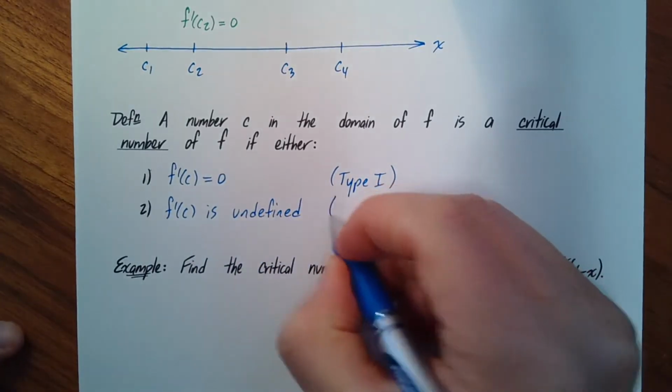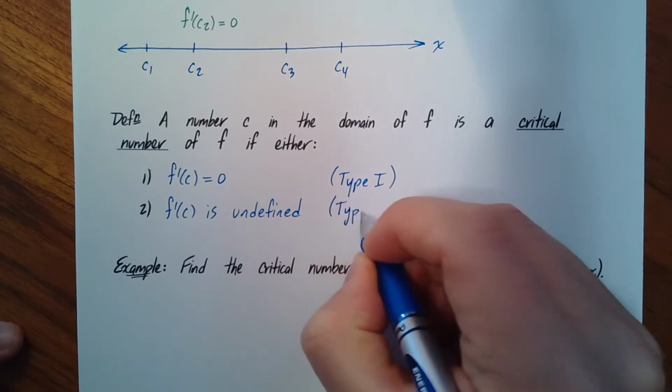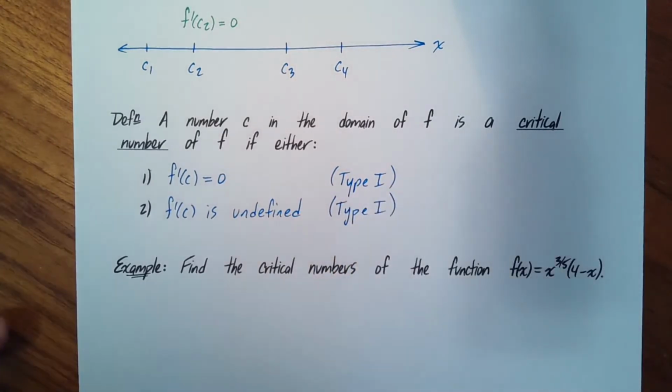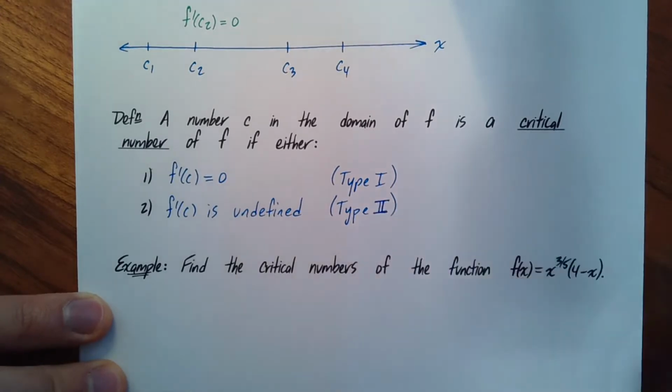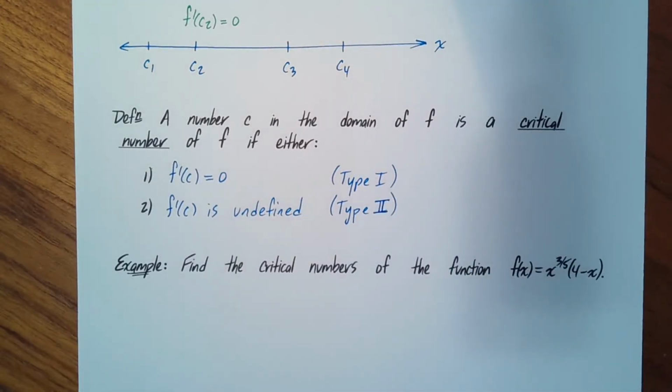And then a type 2 critical number c of a function f is a number in its domain such that f prime of c is undefined. I said 2 and I wrote 1, so let's make that 2. That's type 2 critical numbers.